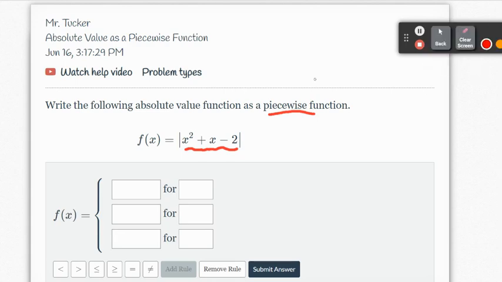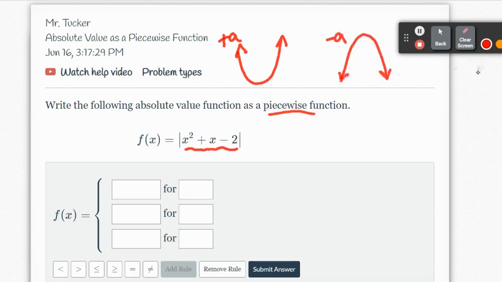Now, the reason why we're going to need 3 rules is because the way parabolas work is we either have a positive a value happy parabola that looks like this, or we have a negative a value sad parabola that looks like this.